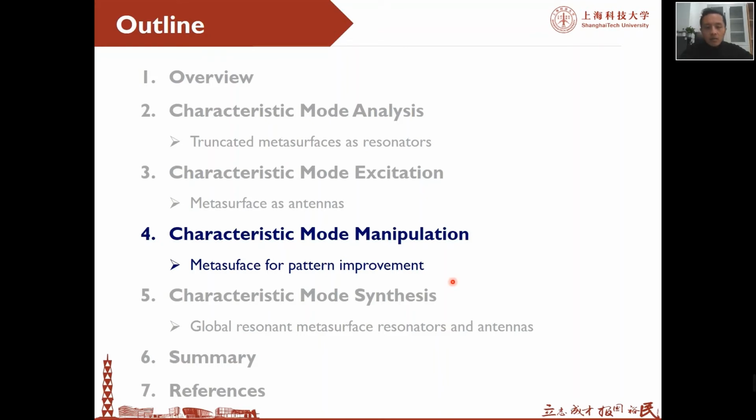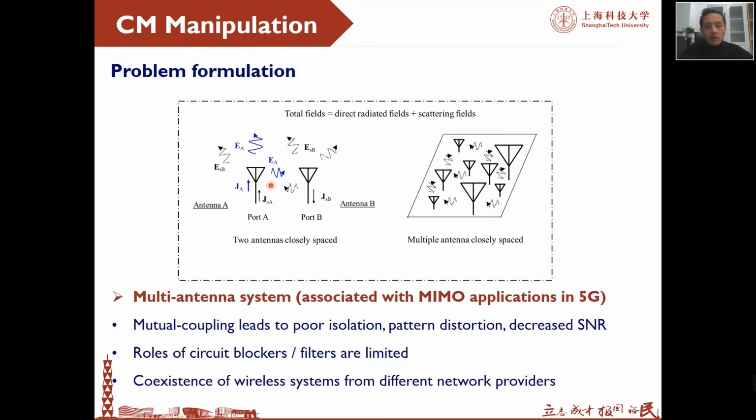But there are still some problems when these antennas are put close to each other for MIMO applications. The wave radiated by the primary antenna, let's say antenna 1 or port 1, will generate induced currents over antenna 2. The induced currents on antenna 2 will also radiate and be reflected back by the ports.